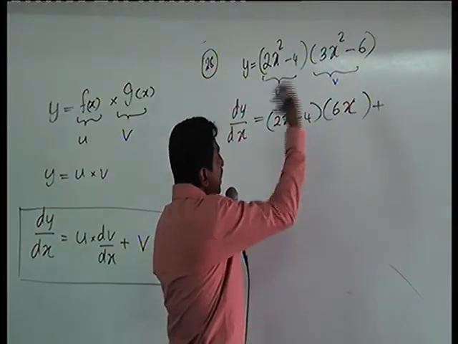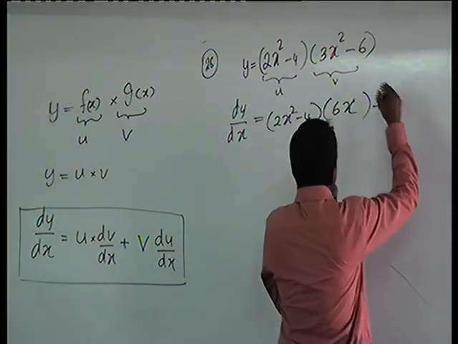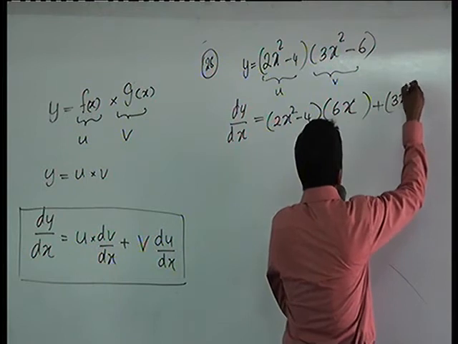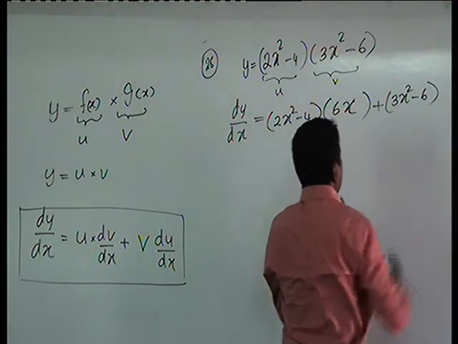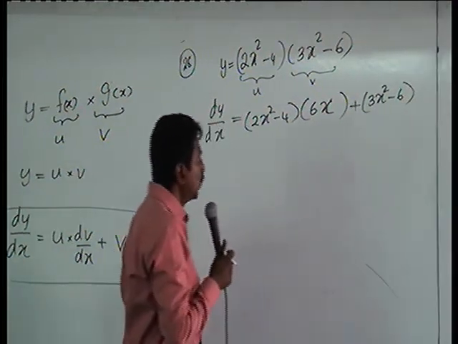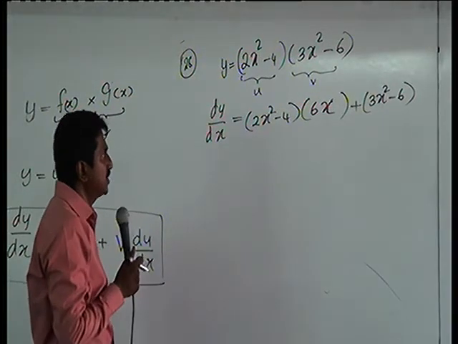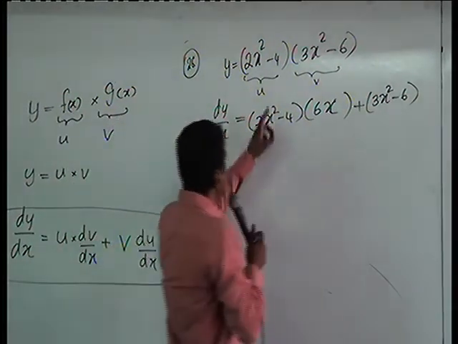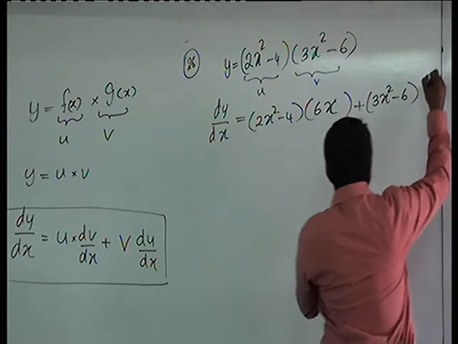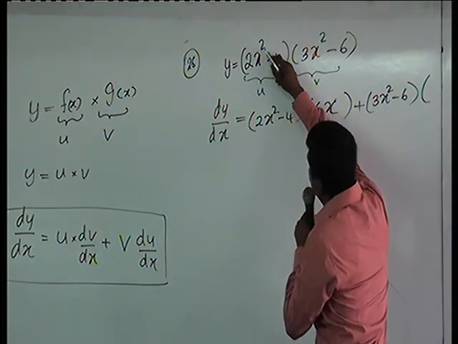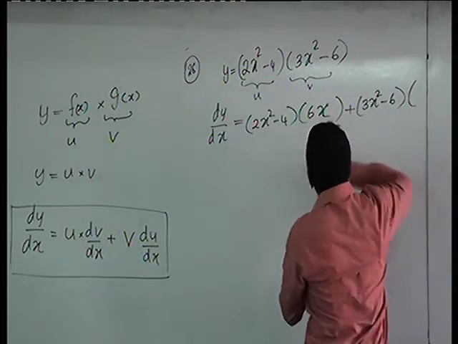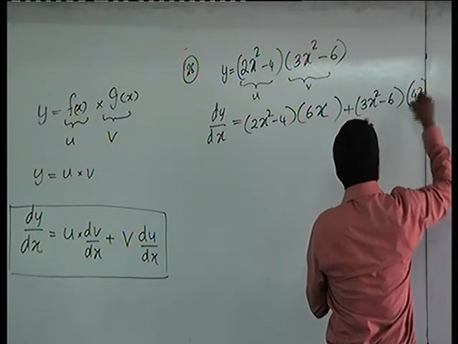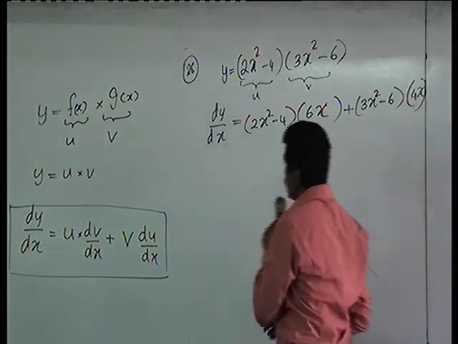Now, second function times, what is the second function? 3x squared minus 6. Second function times the differentiation of first function, that is, when you differentiate this one, 2 into 2, 4x. That's all.